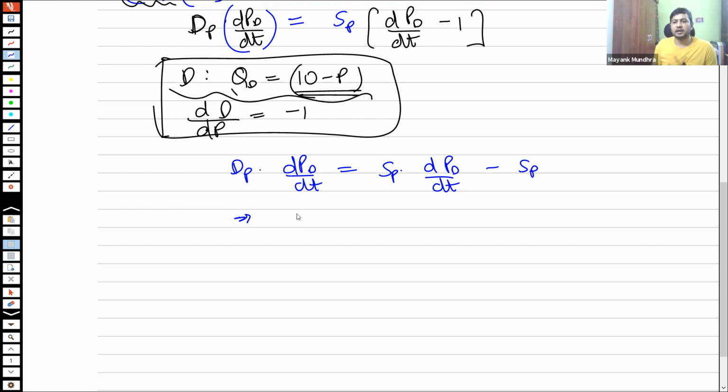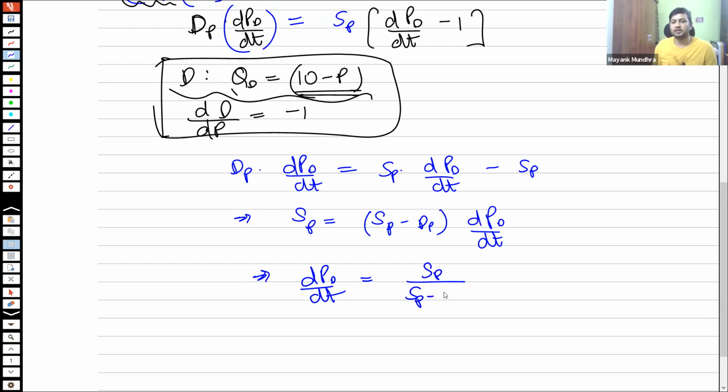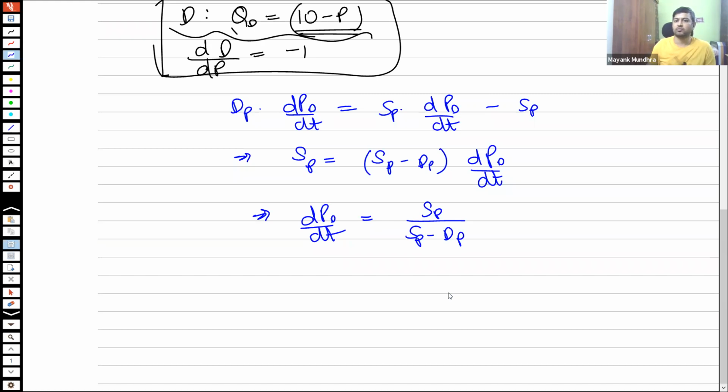So this implies that SP is equal to SP minus DP into dPd by dt. So this gives me that dPd by dt is equal to SP upon SP minus DP.